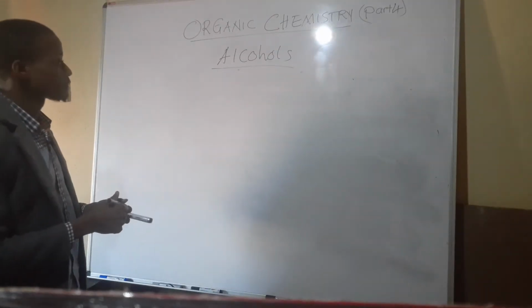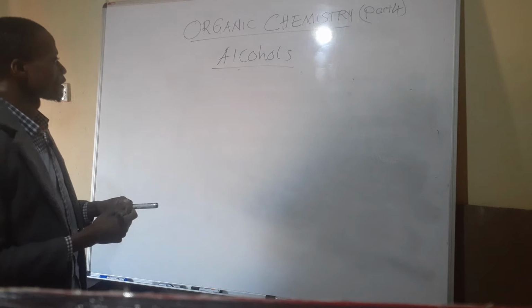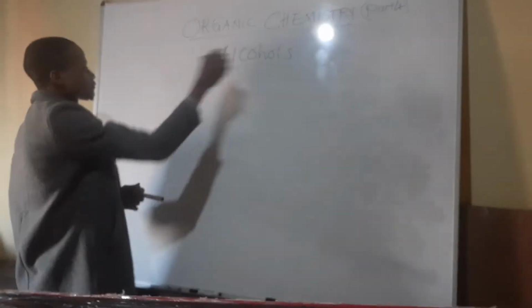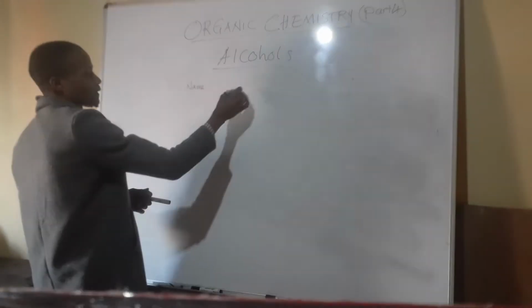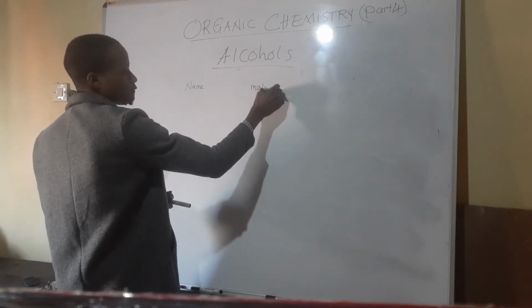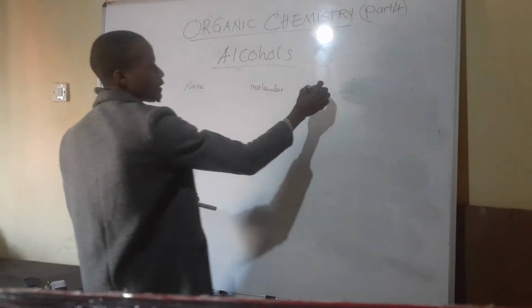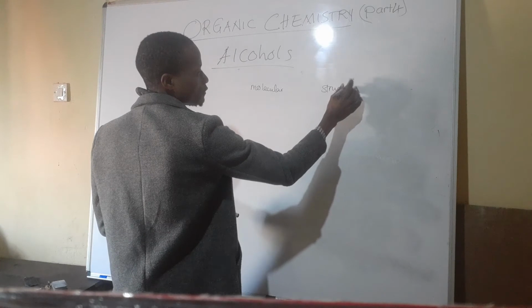We'll be writing the name, then also the molecular formula and the structural formula as you have been doing. Here is the name of an alcohol, here is the molecular formula, then here is the structural formula.